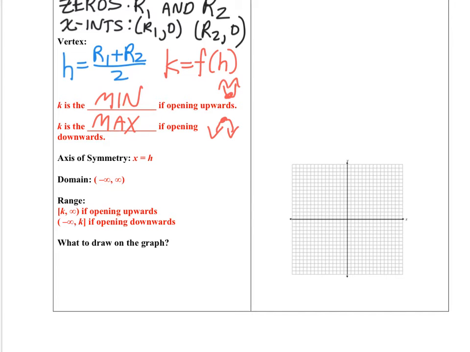So the information that we'll want to draw on the graph, because it's the easiest information to find, will be the zeros and the vertex. And that'll give us 3 points, and that'll give us a really good idea of what the parabola should look like.